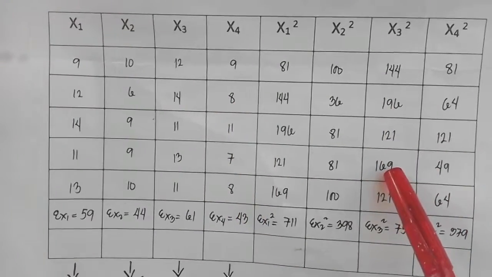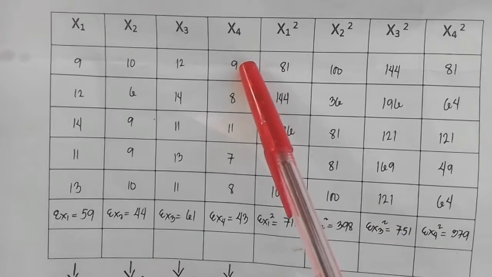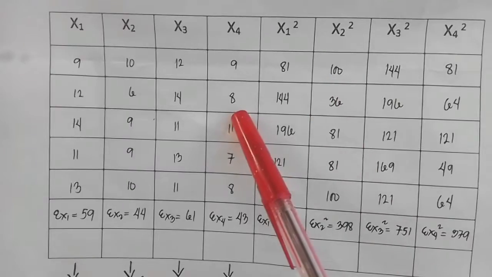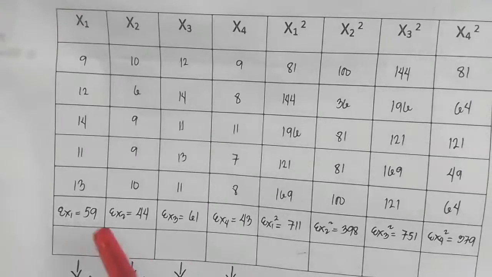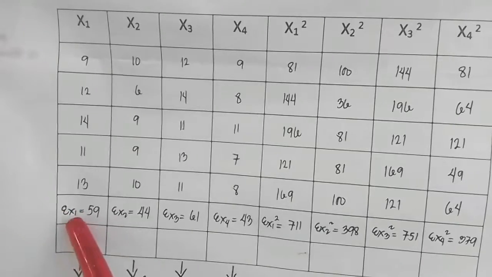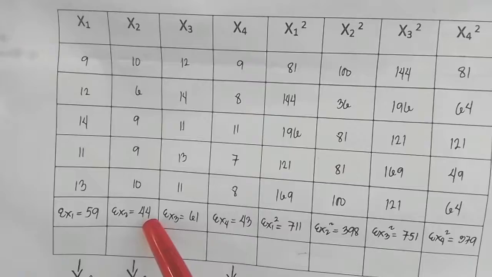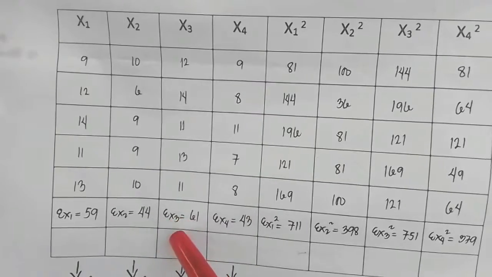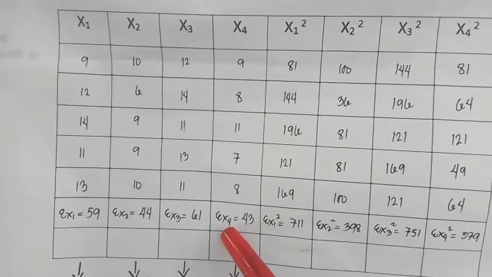Then compute for the squared of x sub 4. For example, 9 times 9 equals 81, 8 times 8 equals 64, and so on. Total for this: summation x sub 1 equals 51, summation x sub 2 equals 44, summation x sub 3 equals 61, summation x sub 4 equals 43.